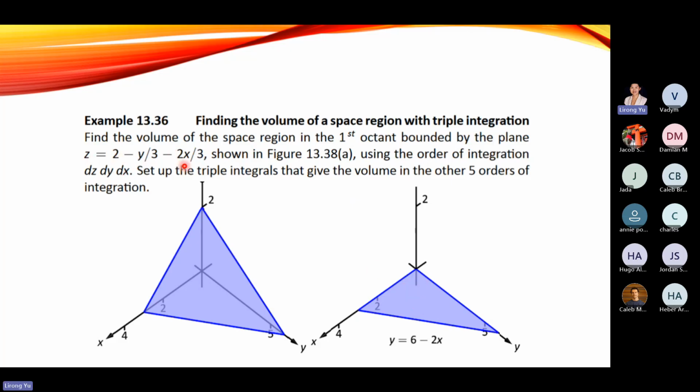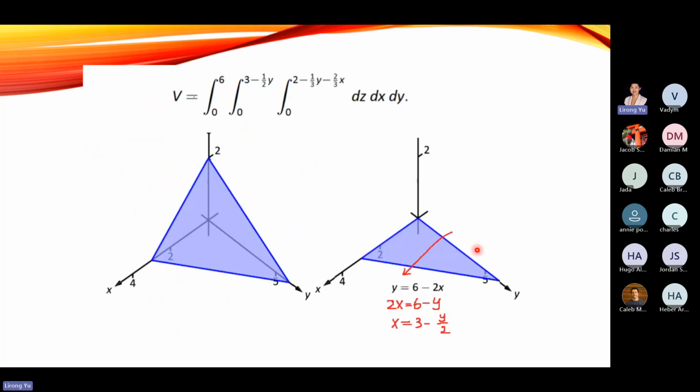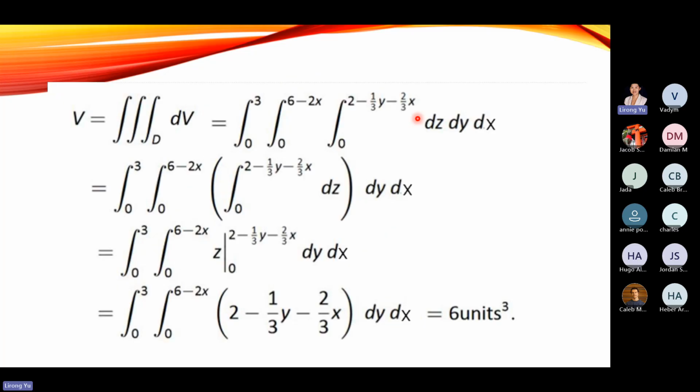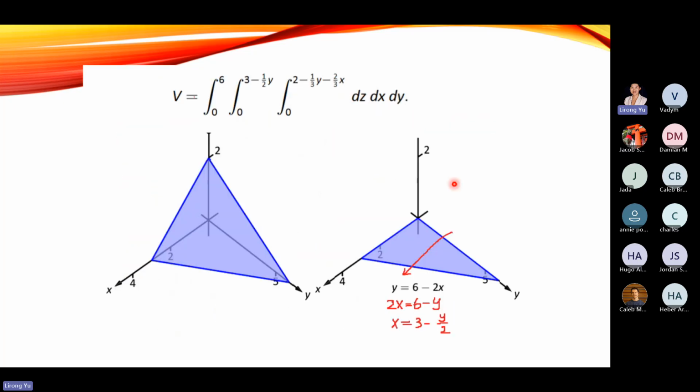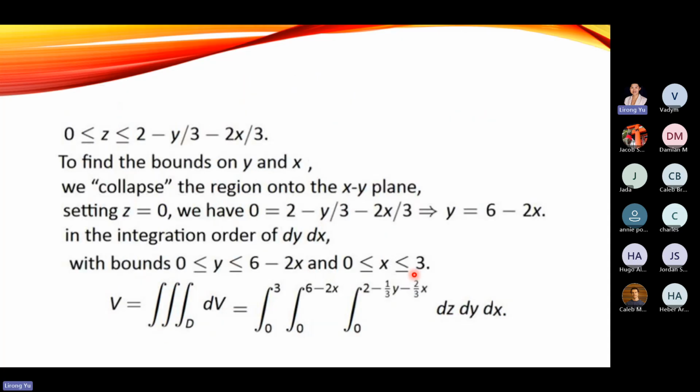Okay, so this is the process. The inner integration is, this is the surface, the top, from 0 to 2 minus y over 3 minus 2x over 3. But then you want to identify the boundary for x and y, now identify that one.